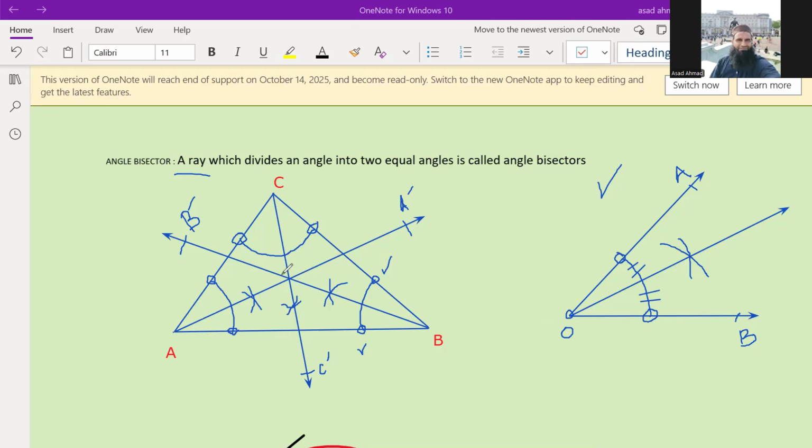The point of concurrency of angle bisectors of a triangle has a special name. It is called the incenter.